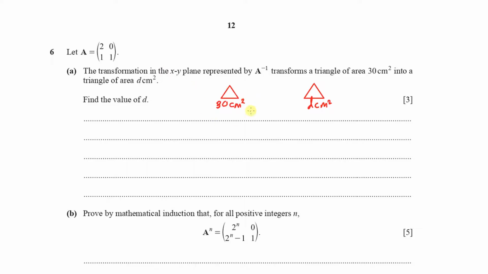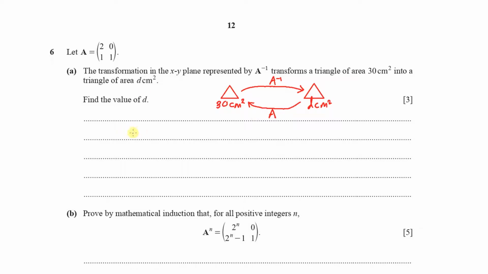So the transformation of the triangle of area 30 is being represented by the matrix A inverse. So they want us to find D. So here I'm going to use the fact that if A inverse is transforming the triangle of area 30 to a triangle of area D, then the reverse will thus have matrix A as its operator.